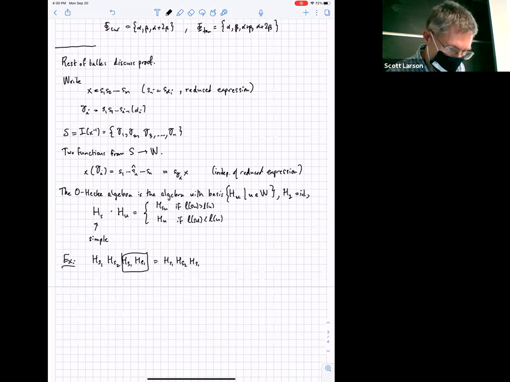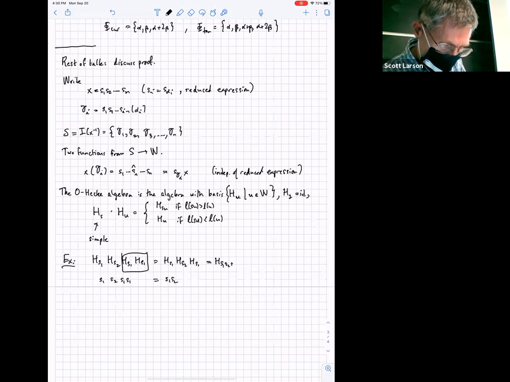Instead of going back, if I multiplied the elements in the Weyl group, what I actually get is just s1, s2. So somehow the zero Hecke algebra is giving me some kind of longer elements, and this is actually just h of s1, s2, s1.